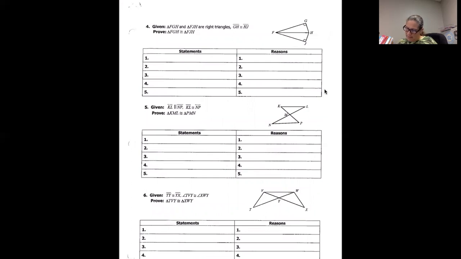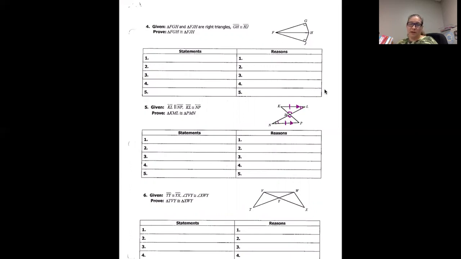Given that KL is parallel to NP, and KL is congruent to NP. So the first thing I'm going to notice is that we've got another pair of vertical angles here. And if we have parallel lines, then we're going to have another set of congruent angles here as well.